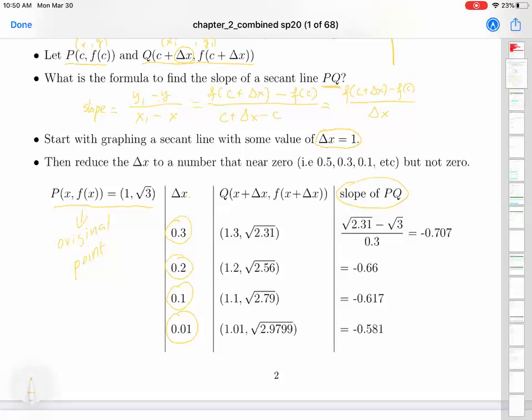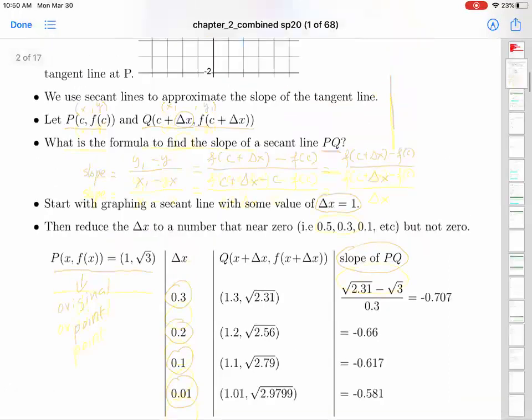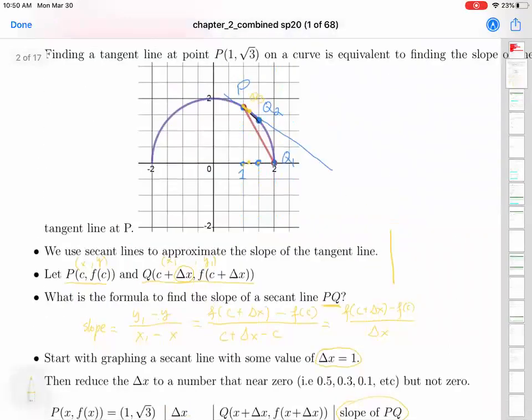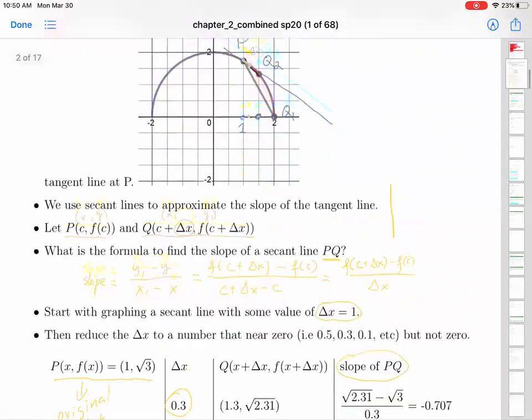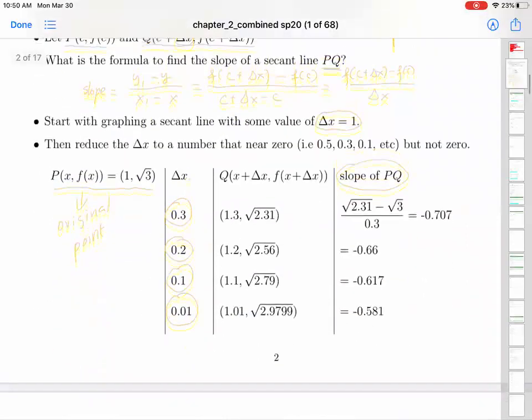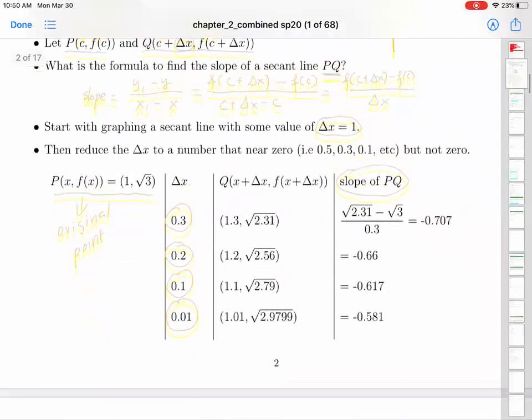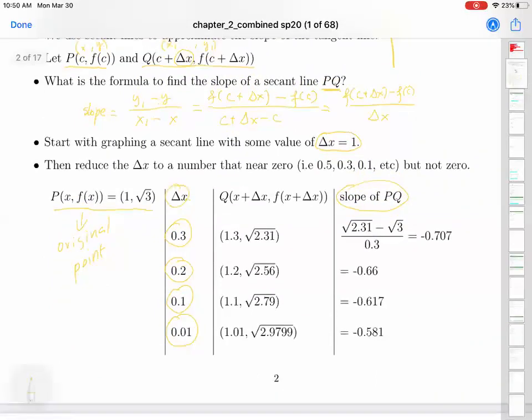It's very similar to moving this point closer to the point X equals 1. Once we have this distance, we can find the new point Q by adding X, which is 1, plus delta X, which is 0.3 for this row, and then f of 1.3.